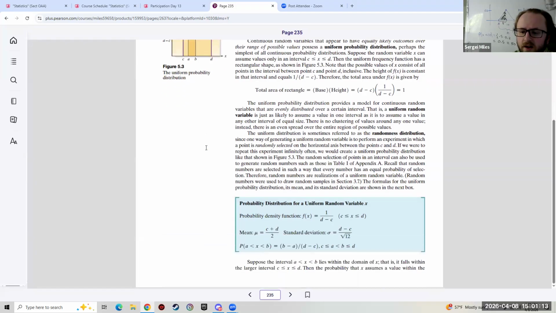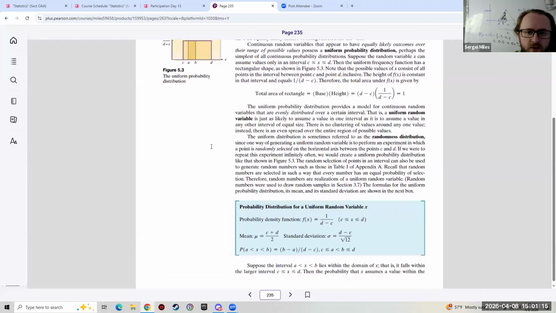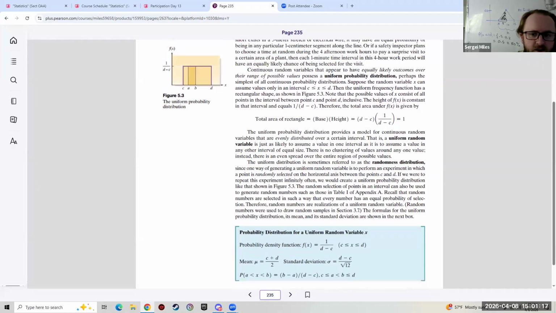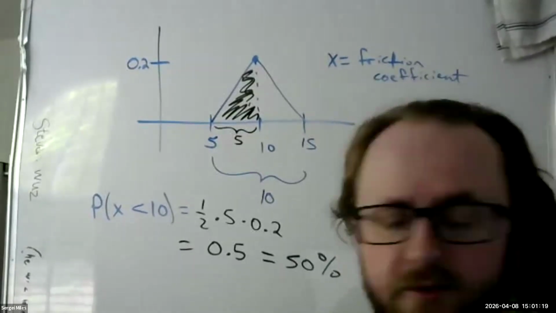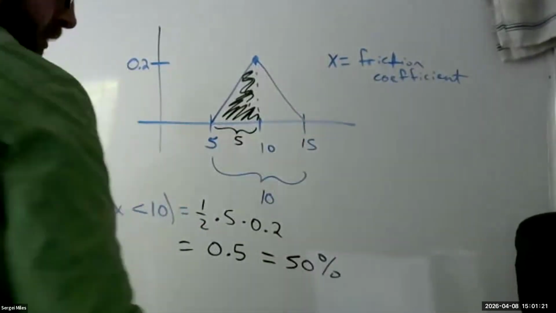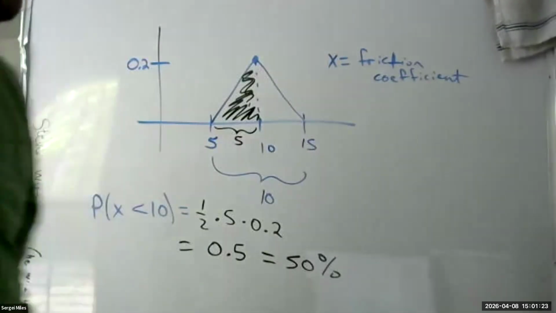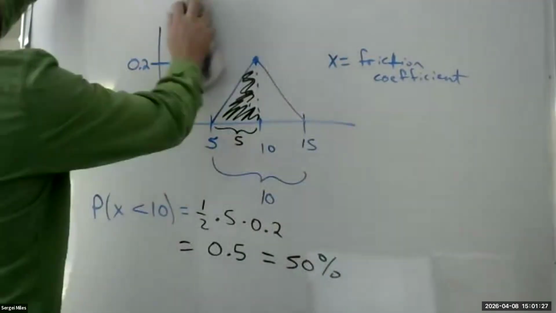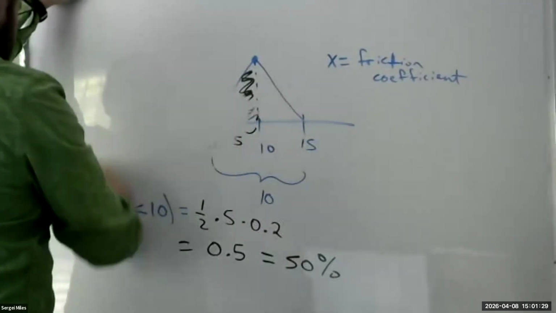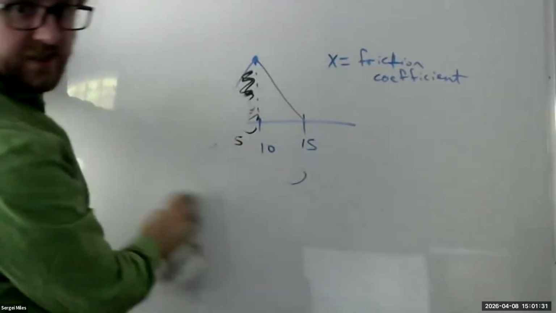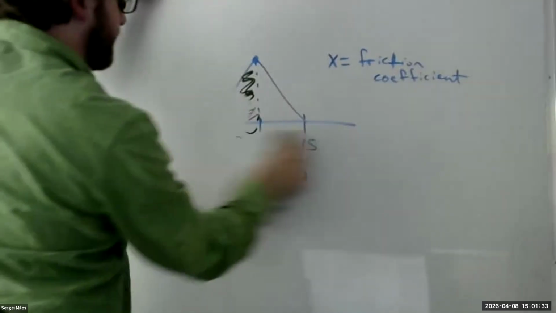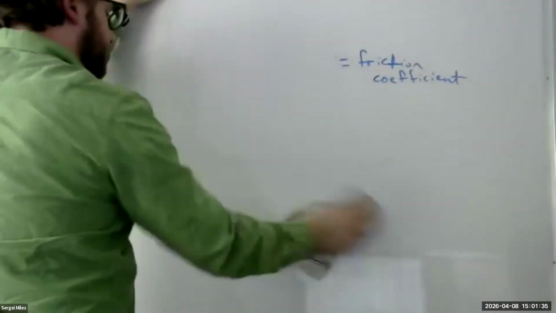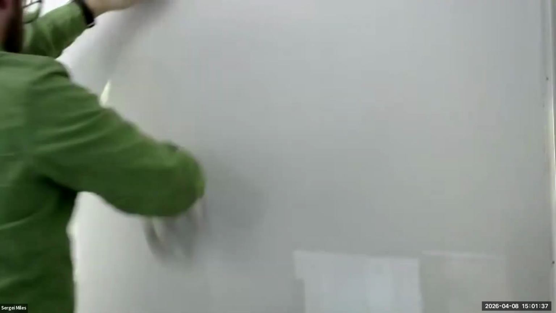All right. I'm going to do this on the board here, so I think that'll be easier than just reading this off from the textbook. The textbook is using D and C as the boundaries, so I'll use D and C as well.